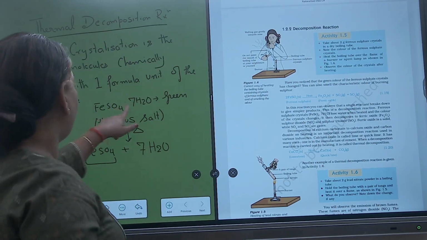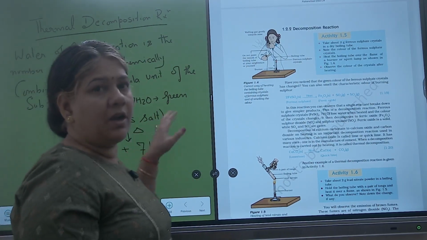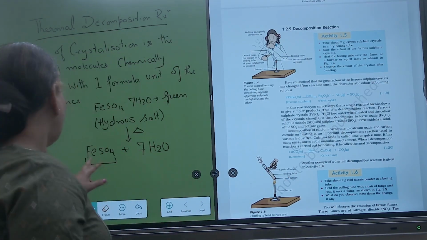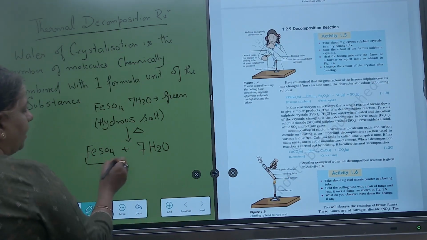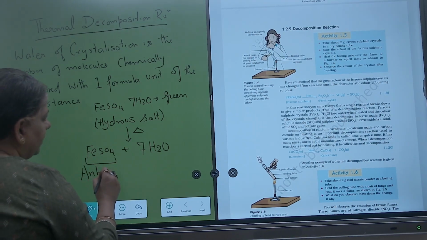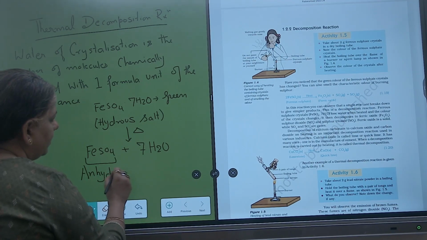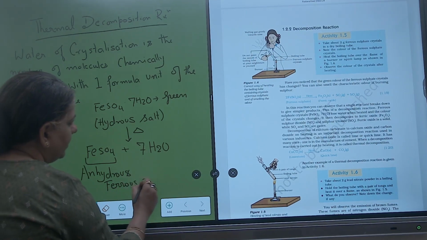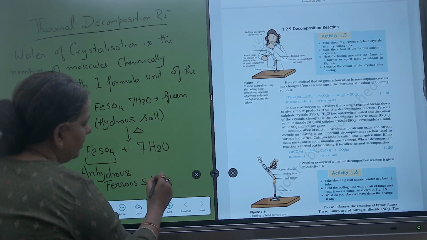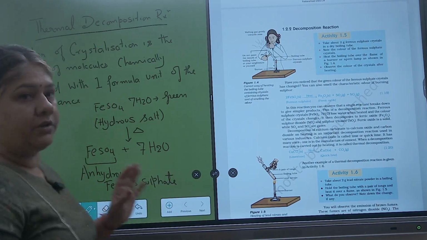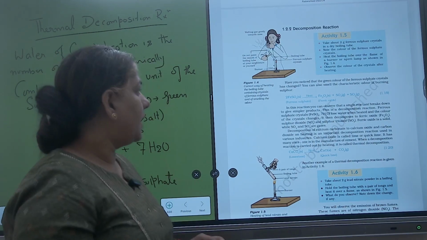Ferrous sulfate with 7 water molecules is called hydrous or hydrated ferrous sulfate, and ferrous sulfate without 7 water molecules is called anhydrous ferrous sulfate. So this must be clear that this salt is showing water of crystallization.